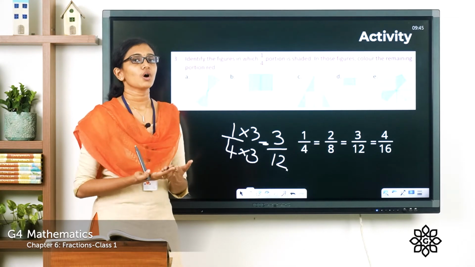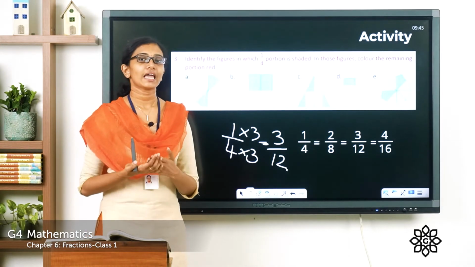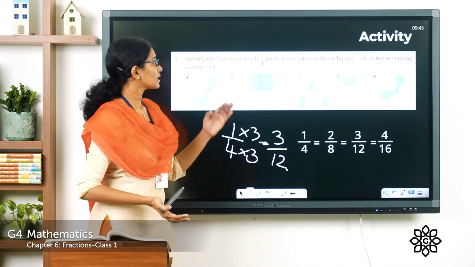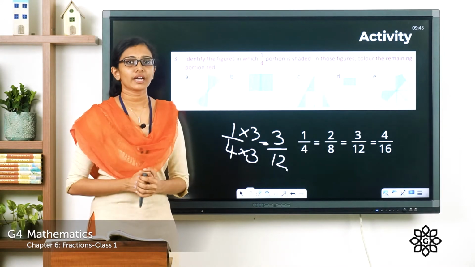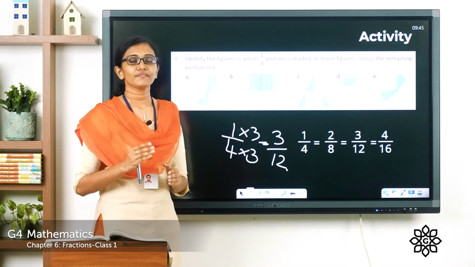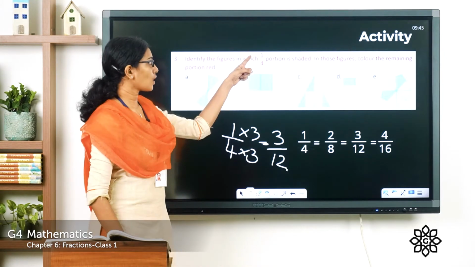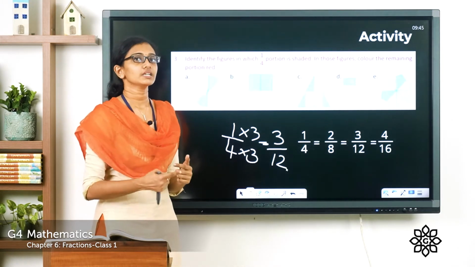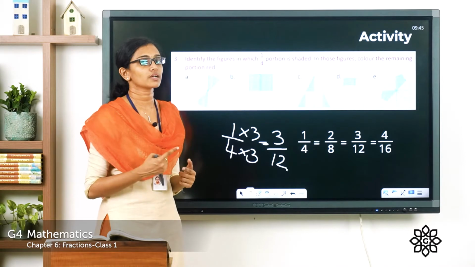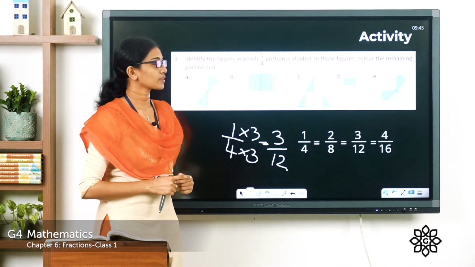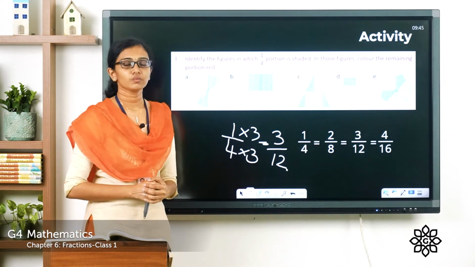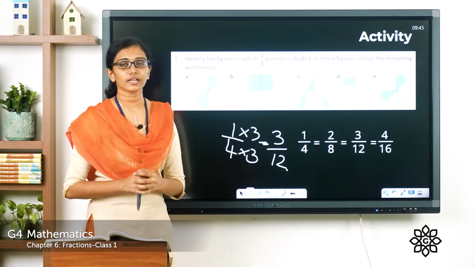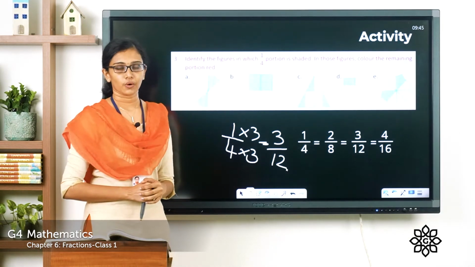You know, we call fractions having the same value as equivalent fractions. So in this question, you are asked to identify the figures which show equivalent fractions of 1 by 4, and then in those figures you are supposed to color the remaining parts in red. So let's identify which are the figures that show equivalent fractions of 1 by 4.